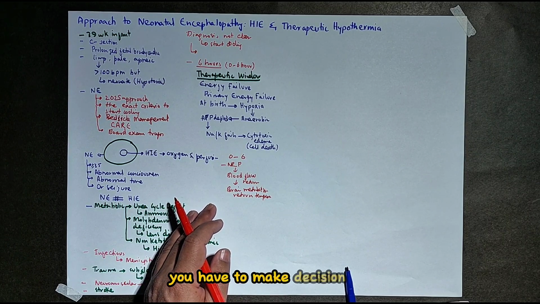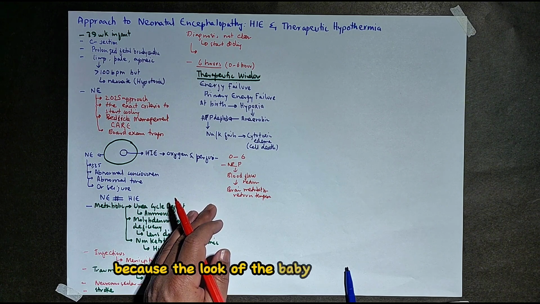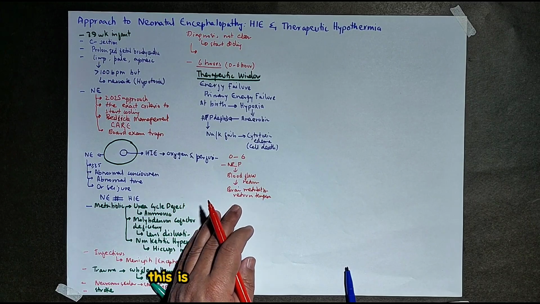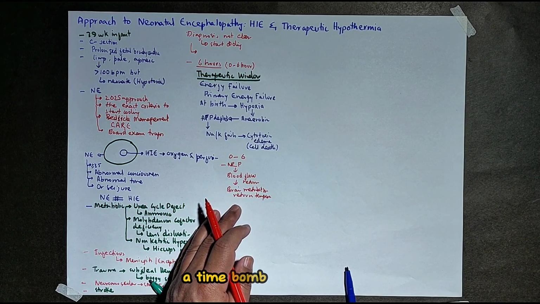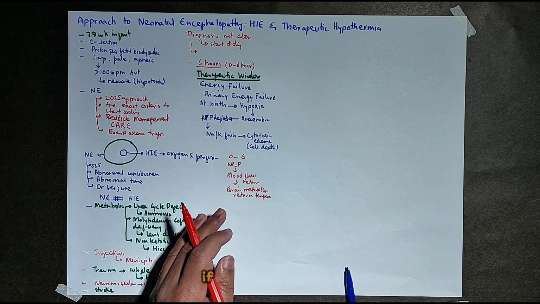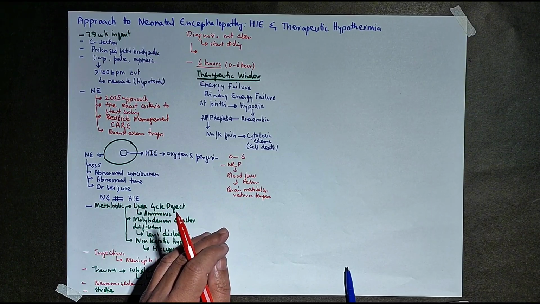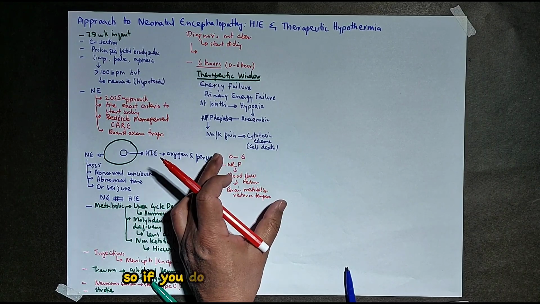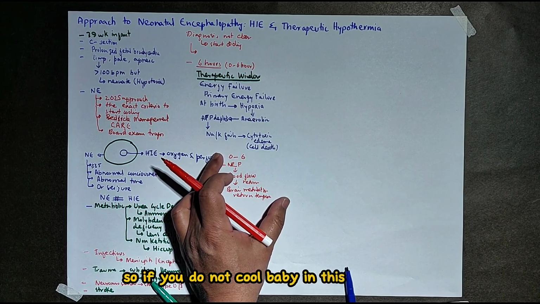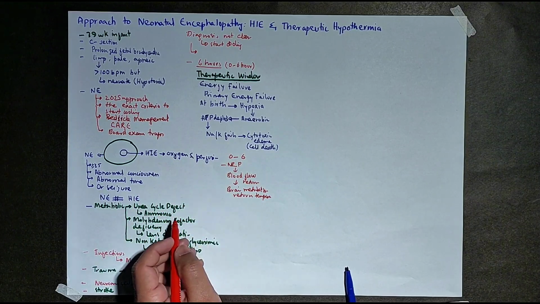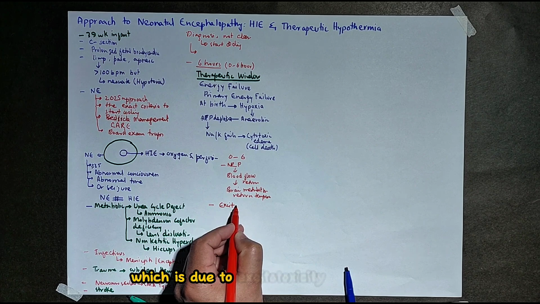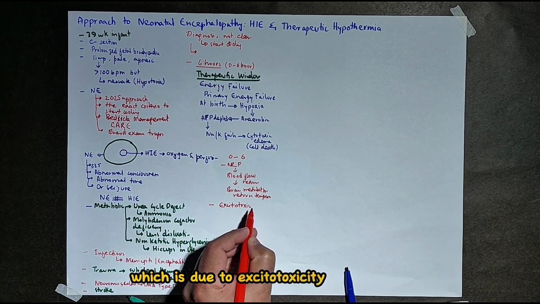You have to make a decision, because the look of the baby at this stage is the trap. Inside the neuron, a time bomb is ticking. If you don't cool, the excitotoxicity cascade begins. If you do not cool the baby in this period, that is 0 to 6 hours, this can lead to secondary energy failure, which is due to the excitotoxicity cascade.